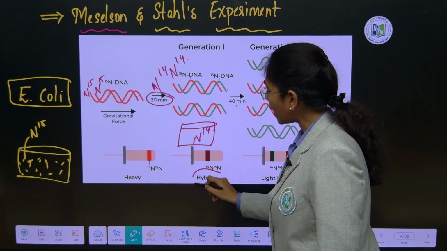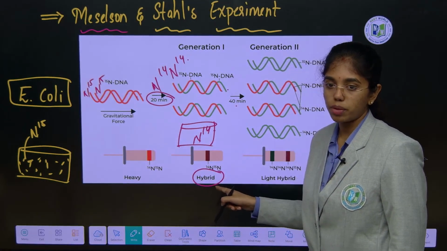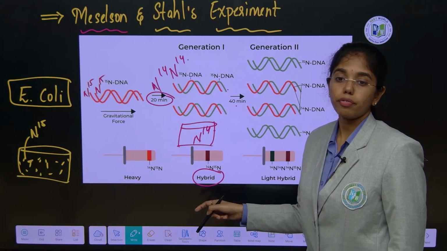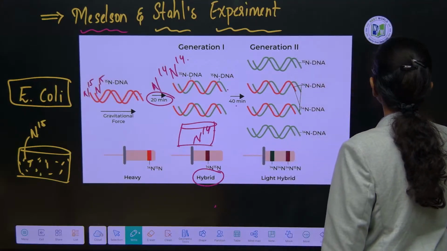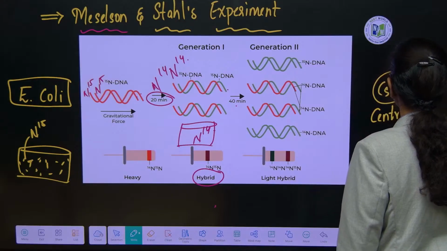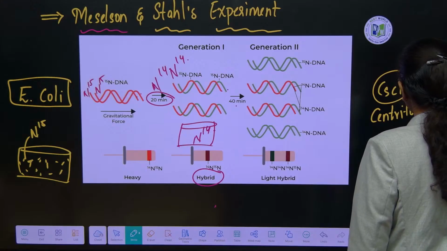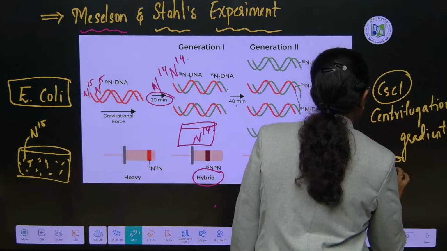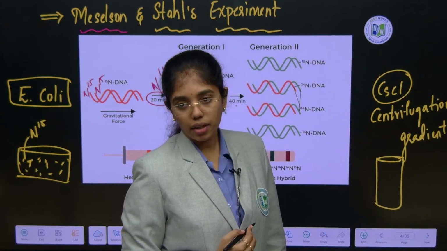As such, a hybrid is observed, N15, N14 hybrid. How can you identify the hybrid? By centrifugation, taking cesium chloride as the centrifugation gradient. In the gradient, you can clearly see the dense nitrogen, intermediate strands and the light nitrogen.